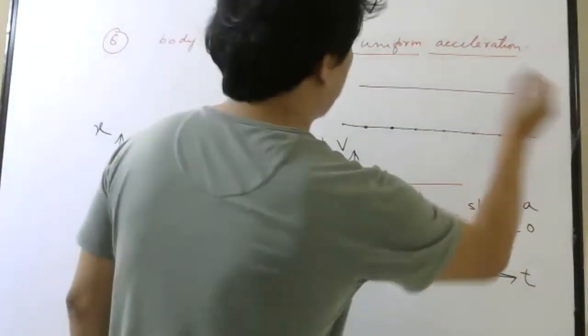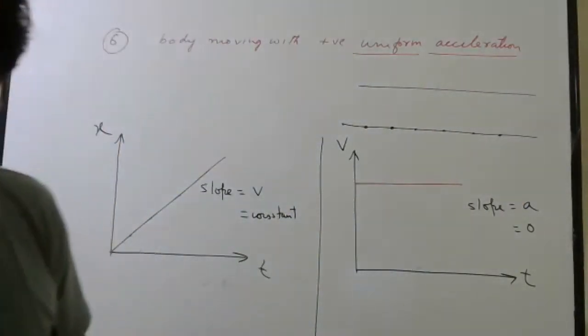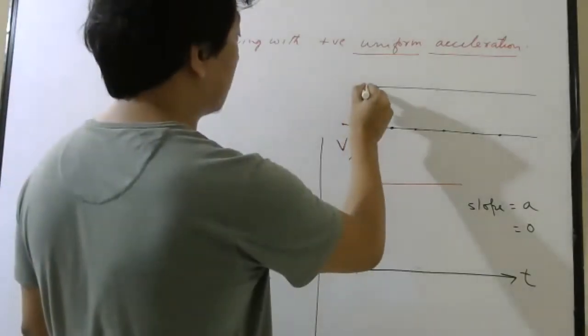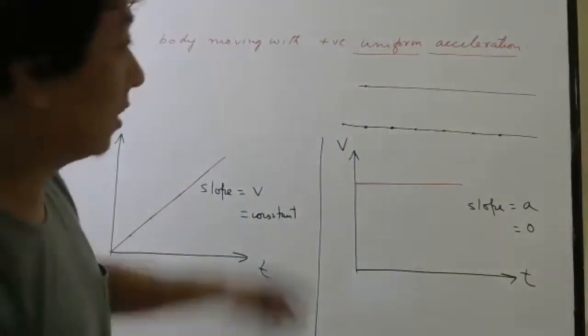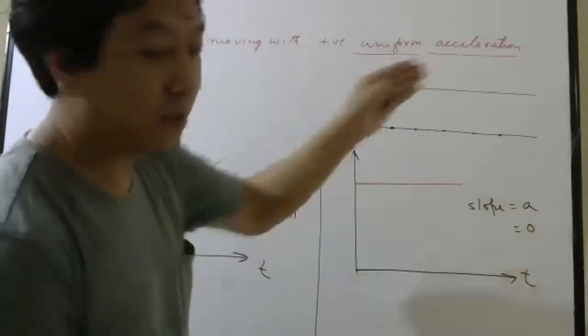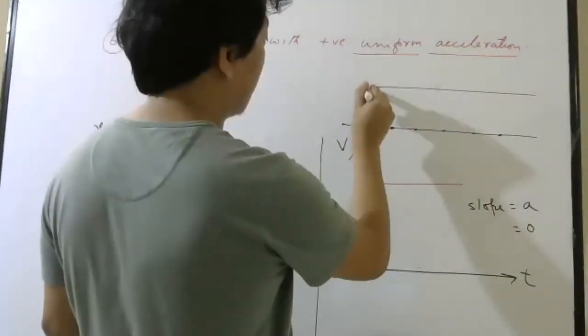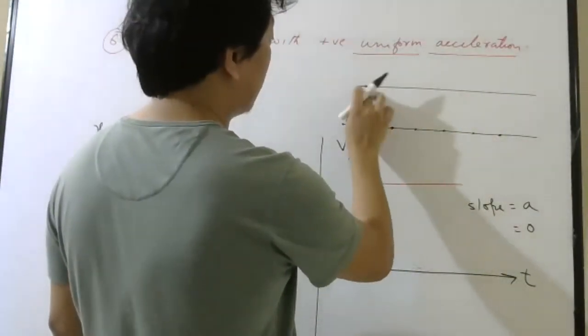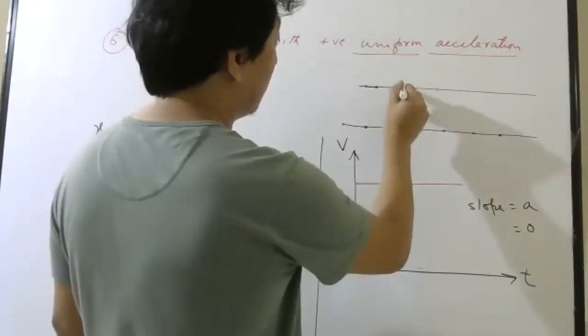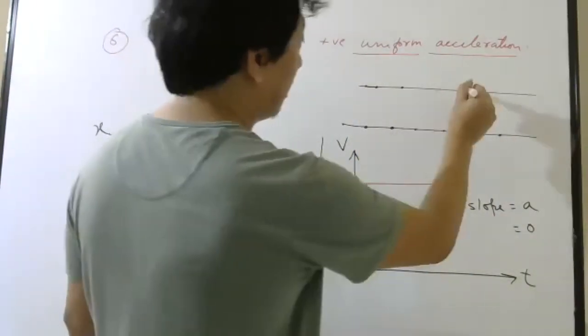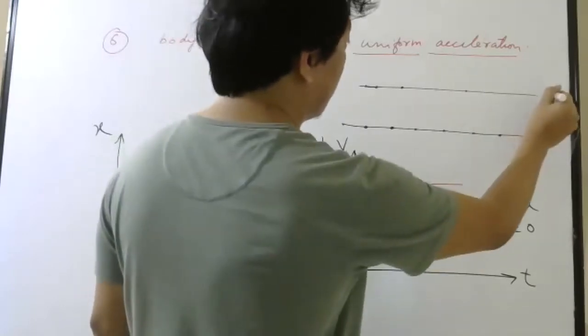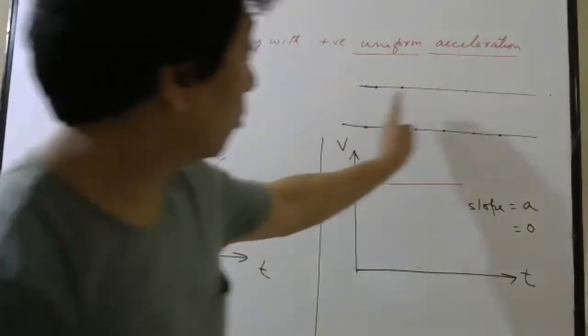So what I am trying to say, how the picture will look now. Let us see picture first. So let us say it starts from here, and then it starts moving this way. Initially it will cover some distance, then it will cover more distance, then more distance. Why it will cover more distance?